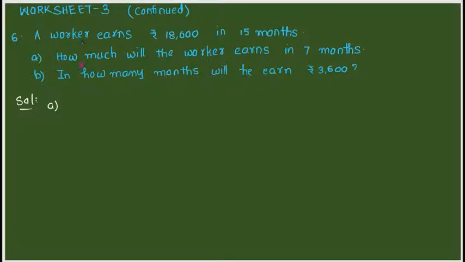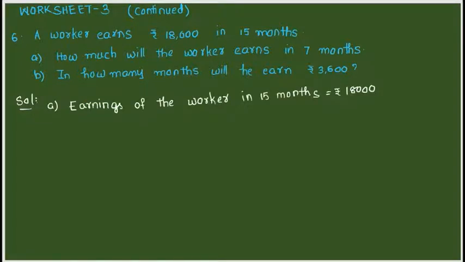To find the solution for the first question, we need to rewrite the given sentence giving the preference to earnings, since it says how much. So the statement we write is: earnings of the worker in 15 months equals 18,000. Now let us write the earnings of the worker in 1 month, because we are going to find it for 7 months.